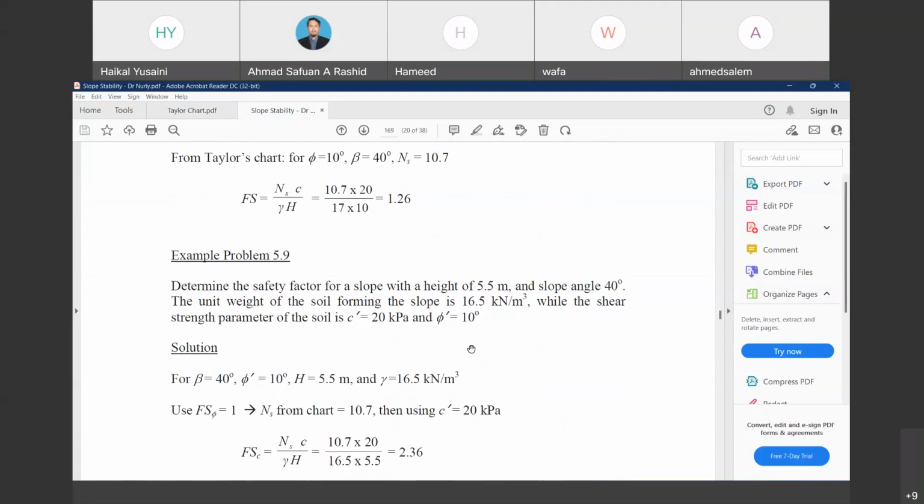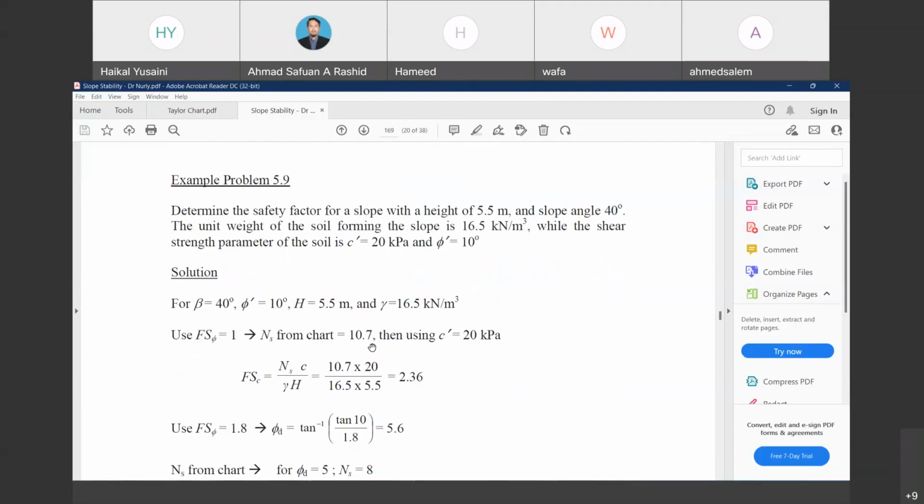So when beta is 40, phi is 10, h is 5.5, unit weight is 16.5, the factor of safety equal to 1. From the Ns chart 10.7, then using C equal to 20, we obtain the factor of safety of C equal to 2.36.